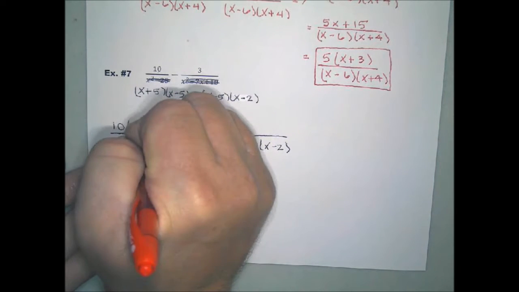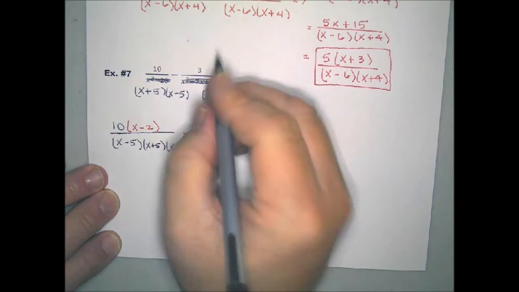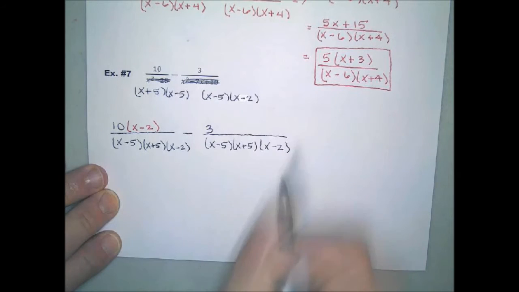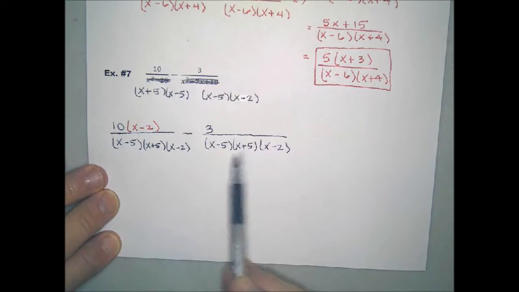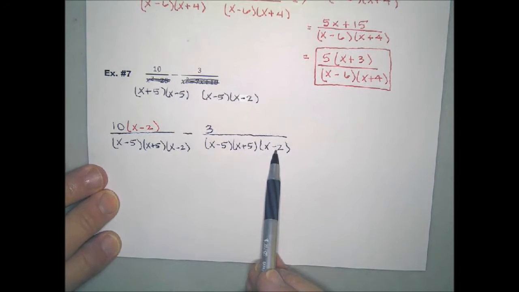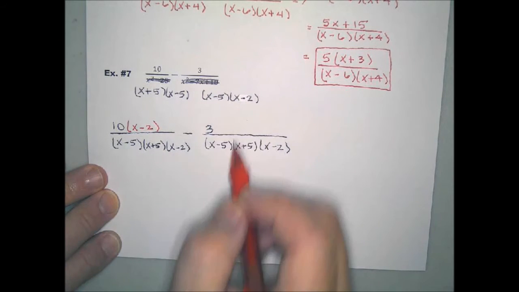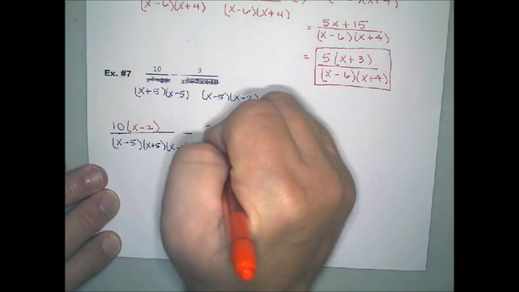So the 10 gets multiplied by the x minus 2. Now on the second fraction, if you look at what the denominator was already made up of, it was the x minus 5 and the x minus 2. So the only thing that the second fraction needs to pick up is the x plus 5.